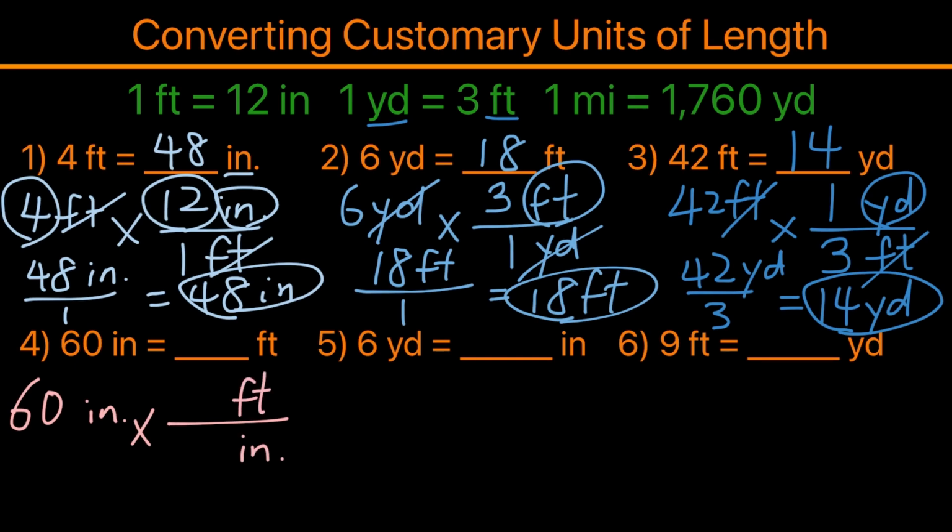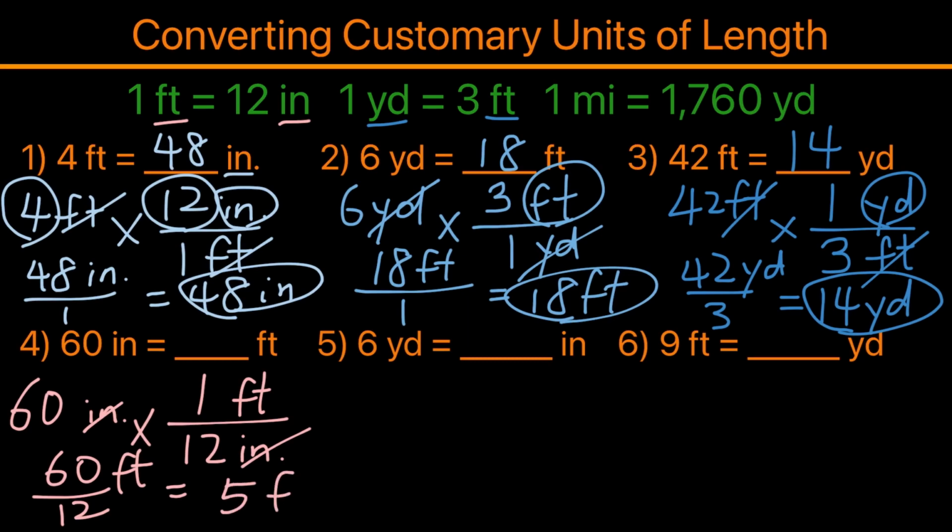And we can see this conversion has both inches and feet, and we'll fill in the 12 inches on the bottom and 1 foot on top. So the inches will cross out, and then 60 times 1 is 60 feet, and then we have 12 on the bottom, and that equals 5 feet. So that's the answer.